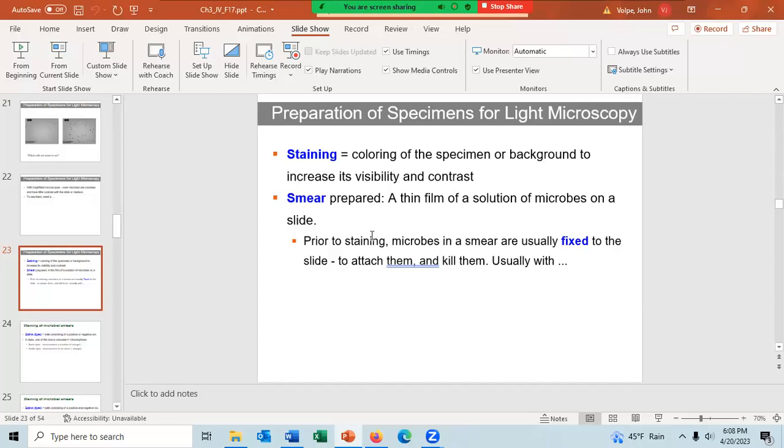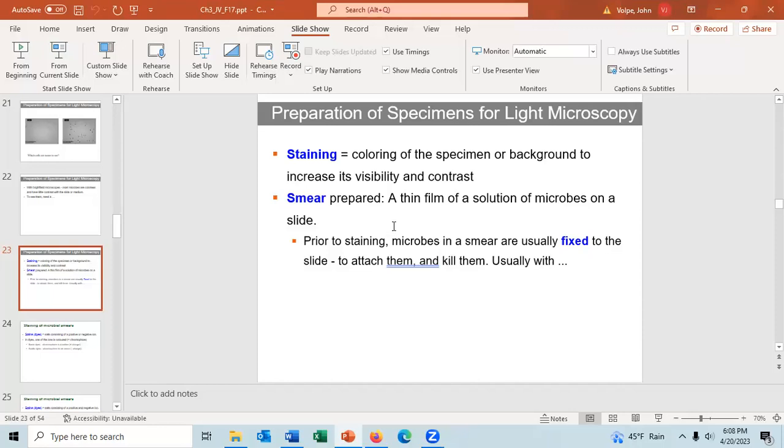A smear is just a thin film of solution of the microbes on a slide. Ideally, a bacterial smear should only be one layer of cells thick.